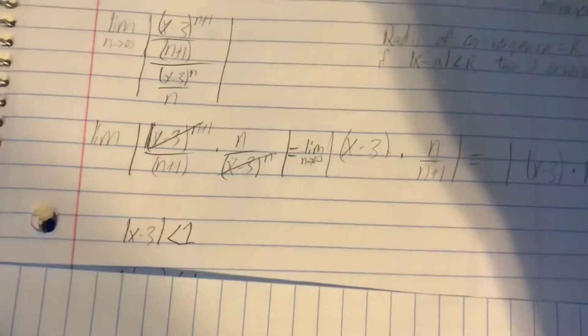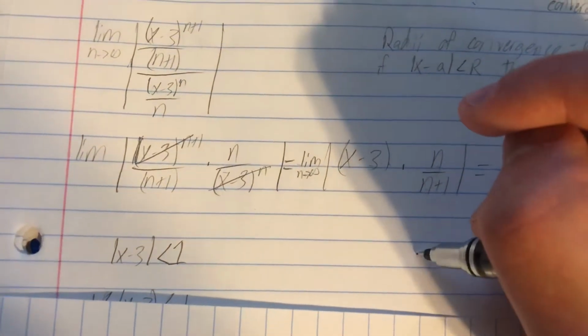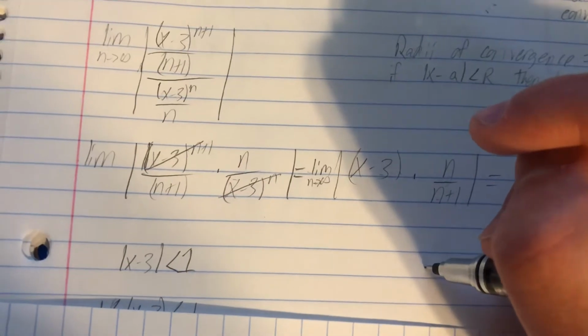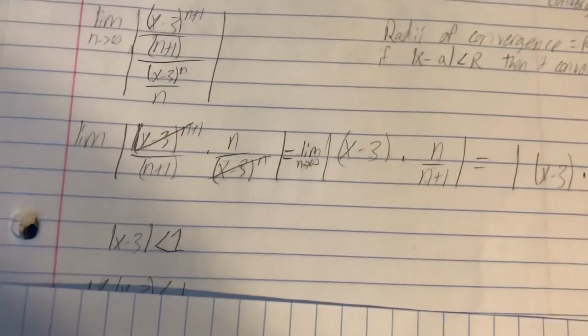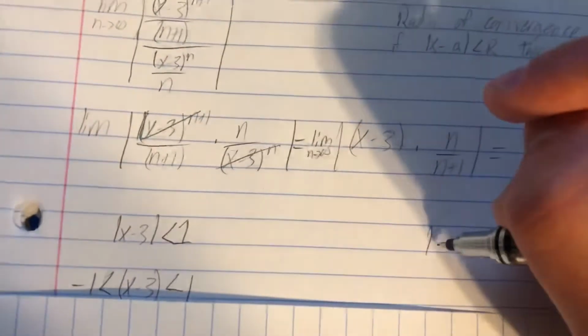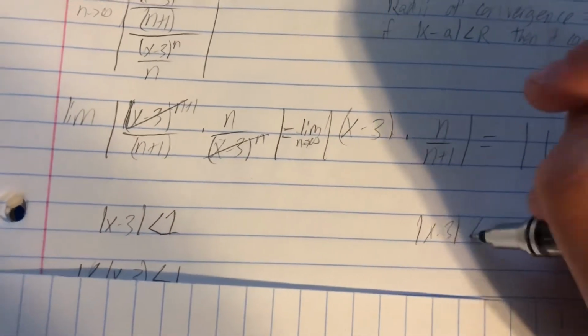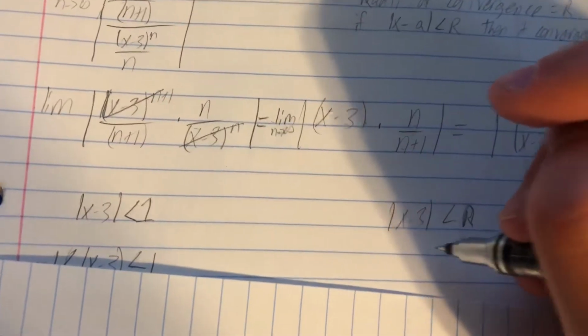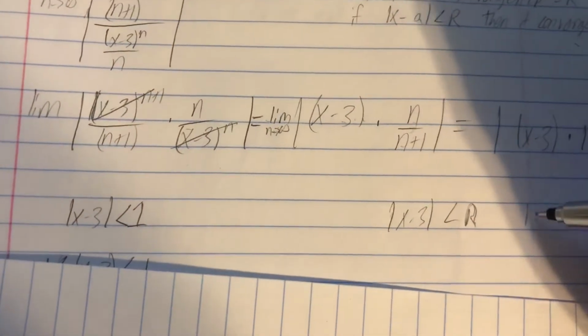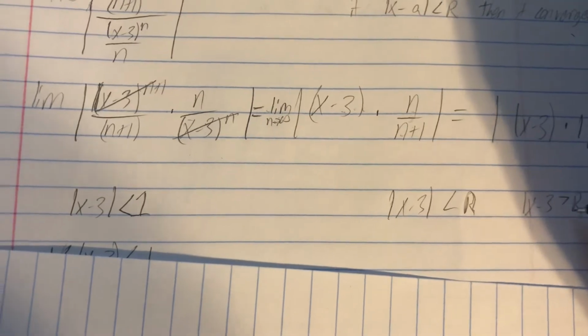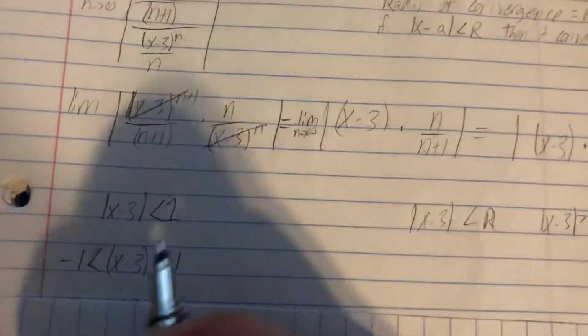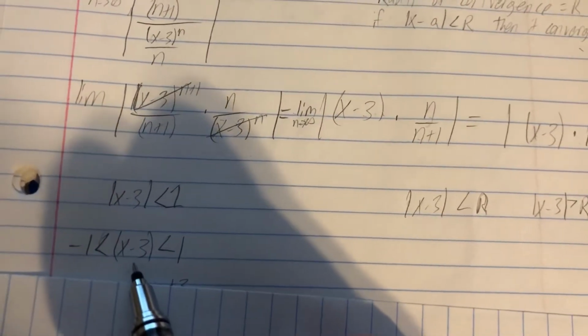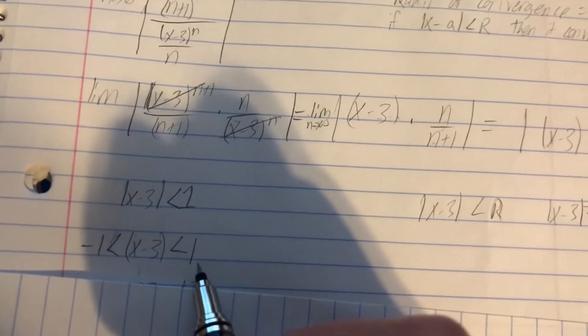To get rid of this absolute value, we know that for the absolute value to be less than R, it also has to be greater than negative R. So this becomes negative 1 is less than x minus 3 is less than 1.